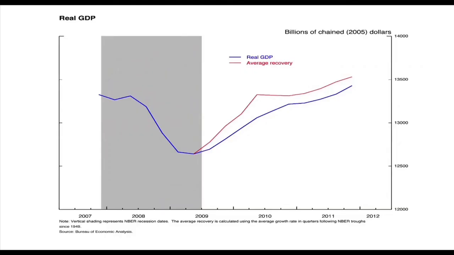What you can also see, though, is a comparison here. What we did was we said, suppose that the economy had been recovering since mid-2009 at the same average pace as previous recoveries in the post-war period. And that average recovery is shown by the red line. And you can see by comparing that this recovery has been slower than the average recovery in the post-World War II period.